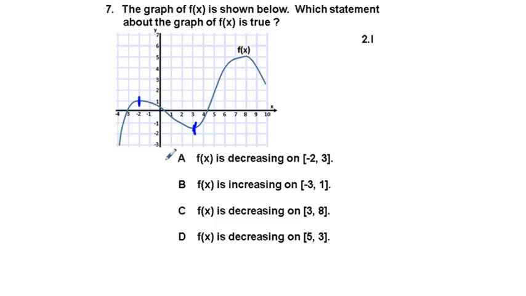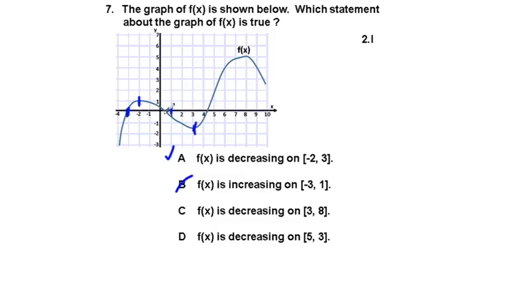Looks like the function is decreasing. That could be right. We'll check choice B. f of x is increasing on -3 to 1. So here's -3 to 1. Now, it's increasing from -3 to -2, but not over that whole interval. Choice C: f of x is decreasing on 3 to 8.